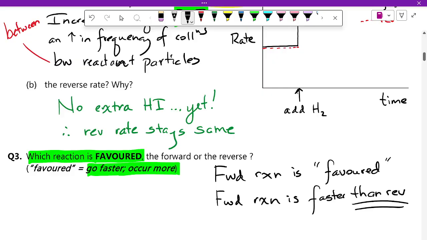I'm underlining "than reverse" because the important part is that the forward reaction is faster than the reverse reaction, not that the forward reaction is faster than it was before. Because you can have a situation where the forward reaction is faster than it was before, but it is actually slower than the reverse reaction. We'll look at that later, okay? So it's important to say the forward is faster than the reverse.